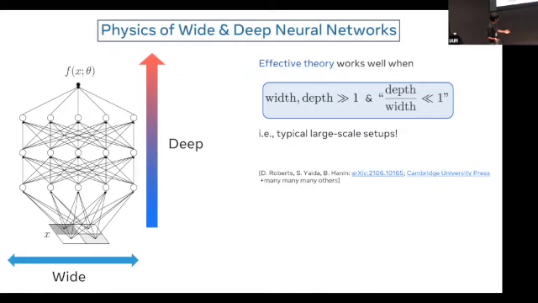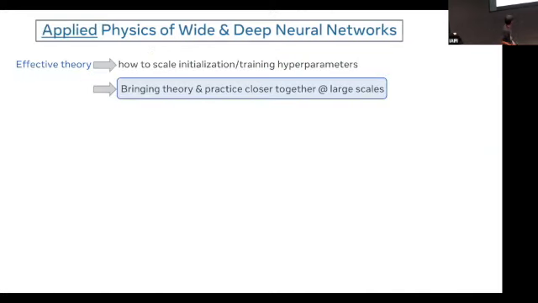And this has occupied me and Dan and Boris for the past few years, and of course many others. If I were giving a talk on this, I'd review all the work, but I'm not, so I want to say that many people worked on this and move on. This was what I call the physics of wide and deep neural networks, but I'm going to talk about the applied physics of it, or the application of the theory to real networks.